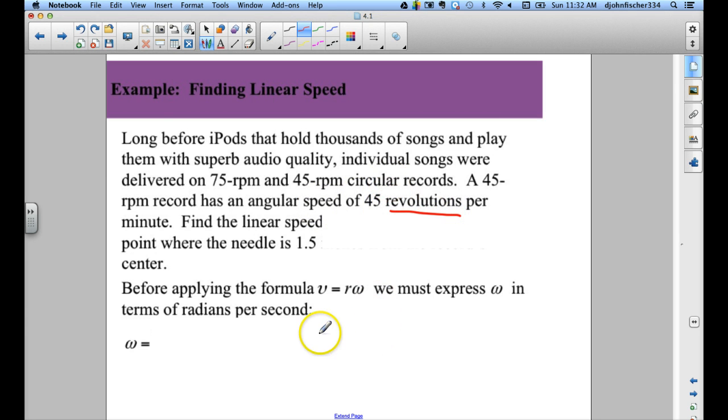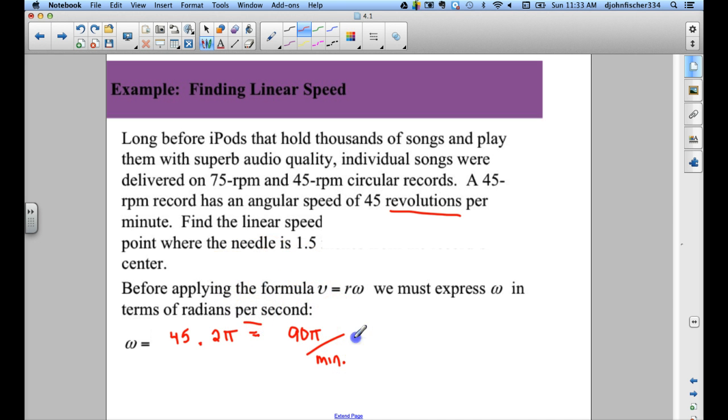Okay, so right now it's 45 revolutions, and every revolution is 2 pi. Remember, our whole circle is 2 pi, so this is 90 pi radians per minute. Wait a minute, we want it per second.